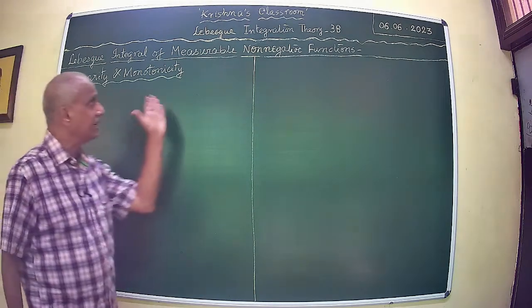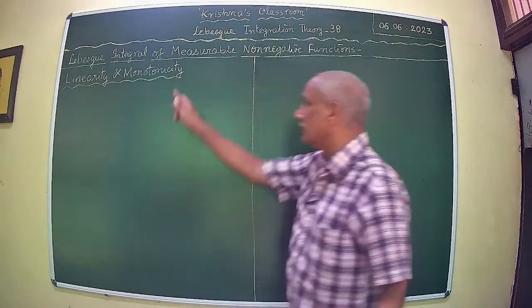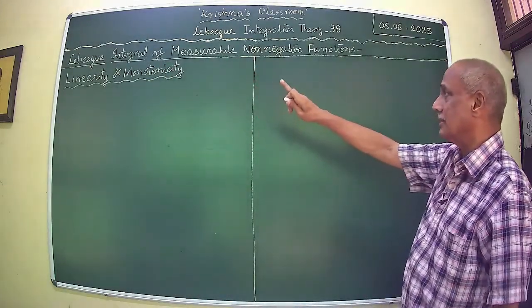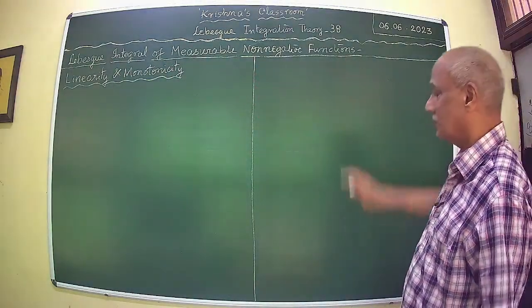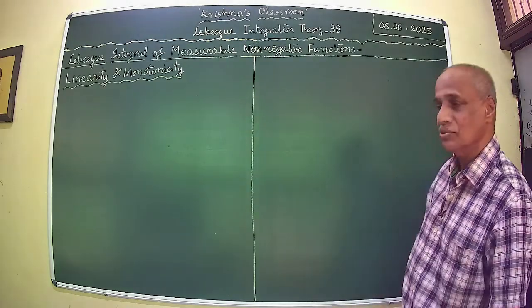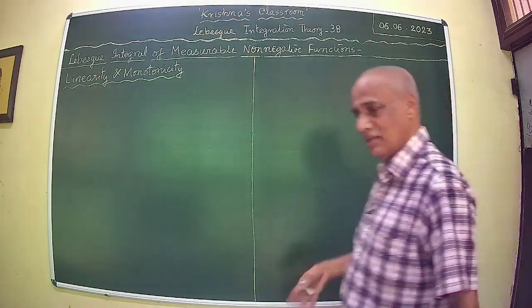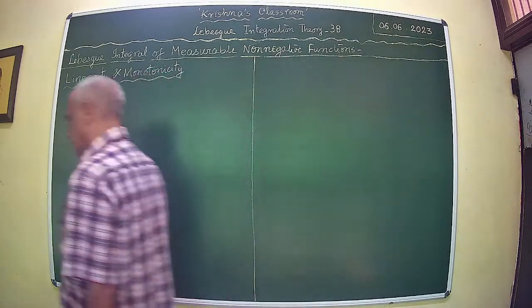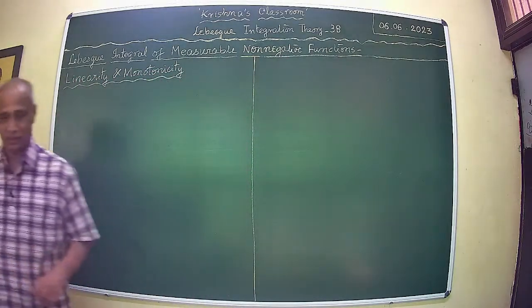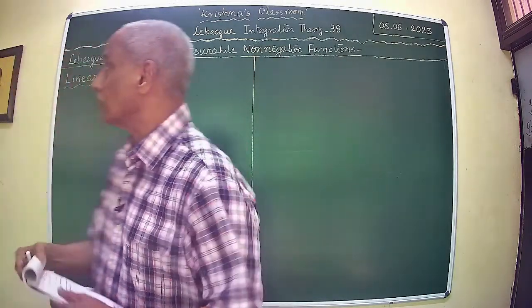And as you already know, this more general class of functions, that is measurable non-negative functions, are approximated using those functions. So we exploit that result and then try to work out the results for this.